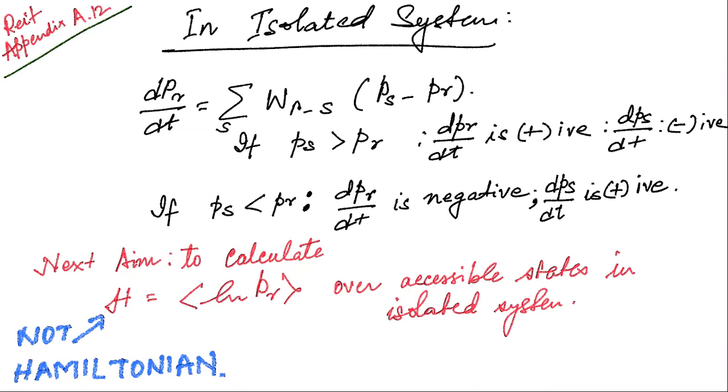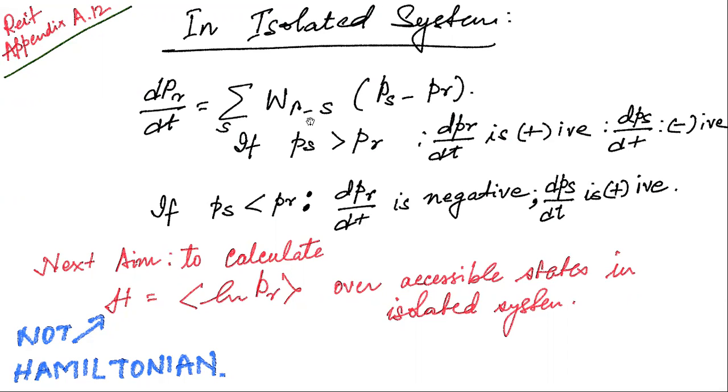So how does one see that? Now suppose in isolated systems, dP_R/dt, let's write that as the sum over S of W_RS times (P_S minus P_R). If P_S was greater than P_R, then this would be a positive quantity, and dP_R/dt, the rate of change of P_R with time, would be positive, the slope would be positive.